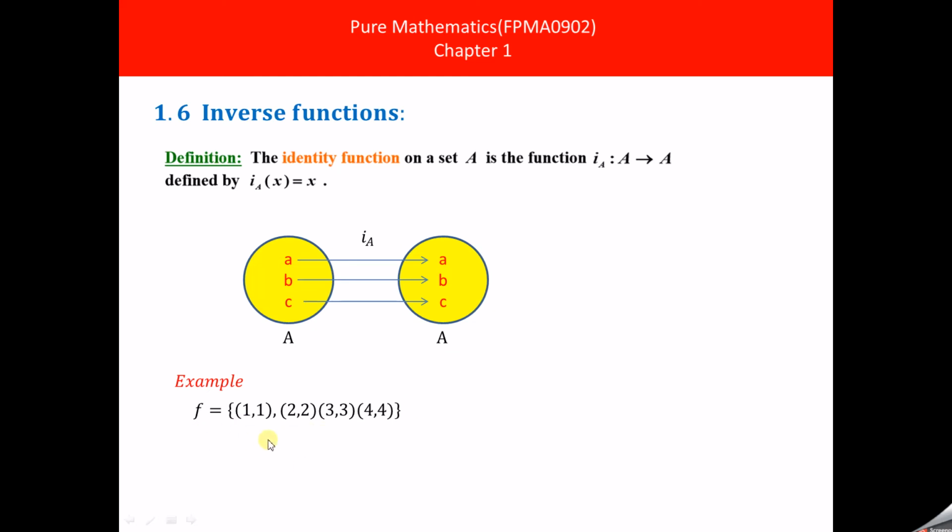This is also an identity function where the element 1 is mapped to 1, 2's image is 2, 3's image is 3, 4's image is 4. That means every element is mapped to itself. Such functions we call identity functions. If the identity function is on a set A, we denote it by I suffix A. In general, I is the identity function.